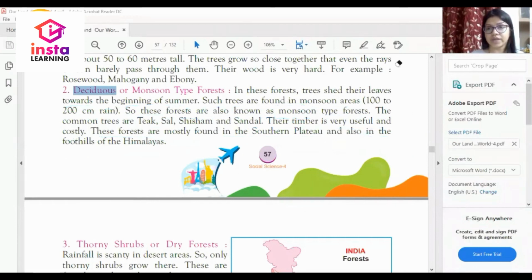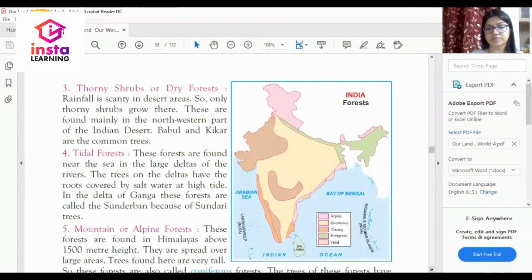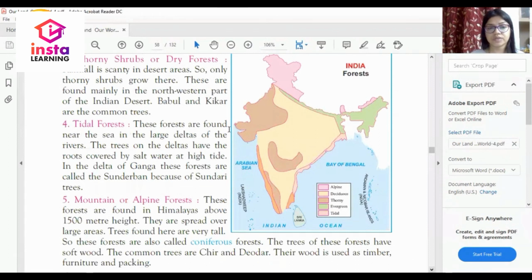Let's move ahead to understand the thorny shrubs or dry forest. So let's discuss it. Rainfall is scanty in desert area. As you know, what is there in desert area? There is very little rain.